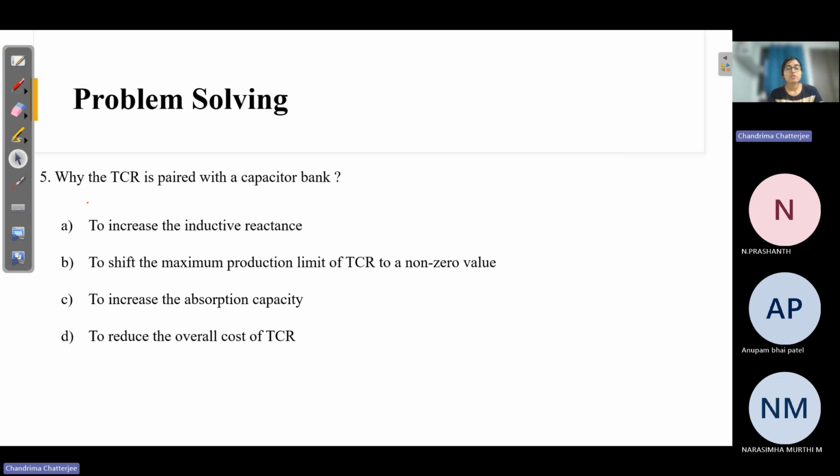Question number 5. Why is the TCR paired with a capacitor bank?